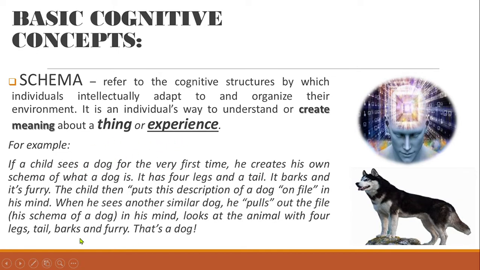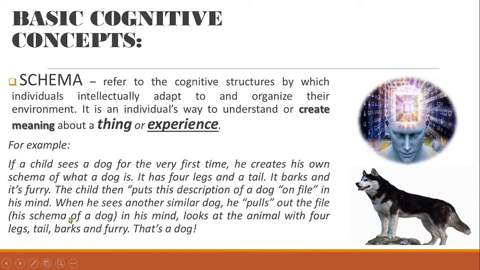For example, if a child sees a dog for the very first time, he creates his own schema of what a dog is. It has four legs and a tail. It barks and it's furry. The child then puts this description of a dog on file in his mind.